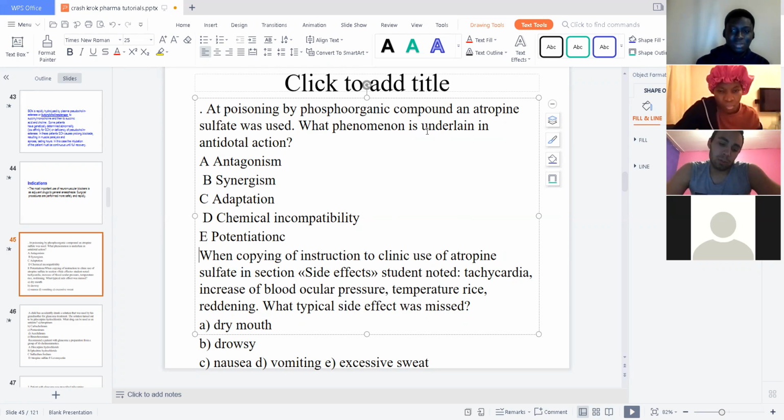Atropinic... nausea or vomiting, excessive sweat? Now we have sweat. Dry mouth? Yes, that's correct.